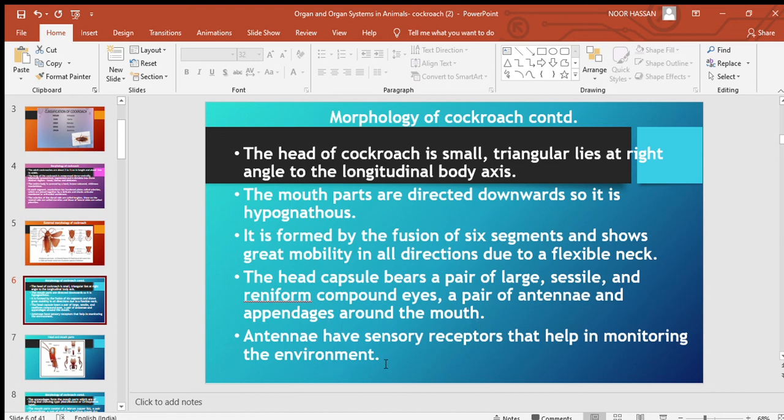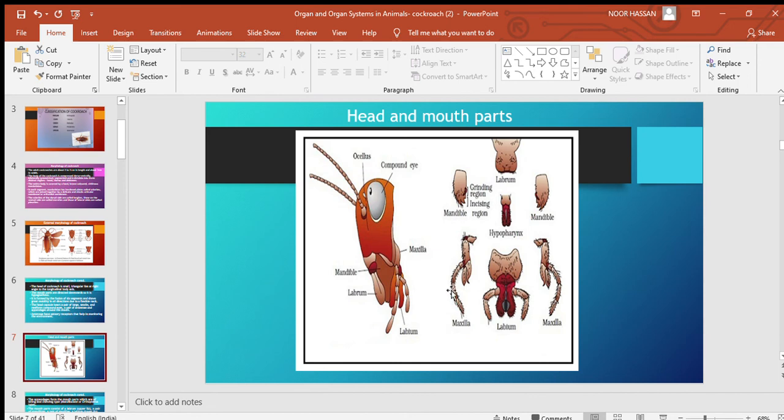Antennae of the cockroaches have sensory receptors so that it can monitor the changes in the environment. So with that, we will discuss the head and mouth parts in the next class. Okay, thank you.